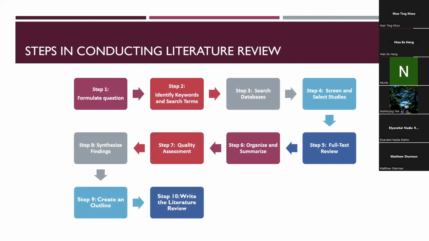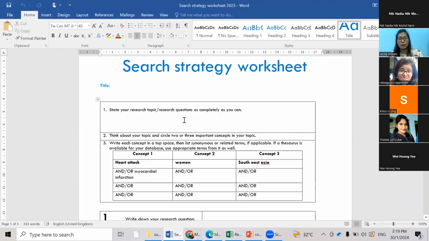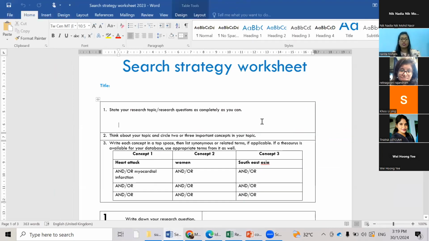Okay, so basically, these are the steps in conducting literature review. So what I will usually do is that I have this search strategy worksheet. From this search strategy worksheet, you have the research topic, or research question. So I will usually share this worksheet with everyone, for my students.